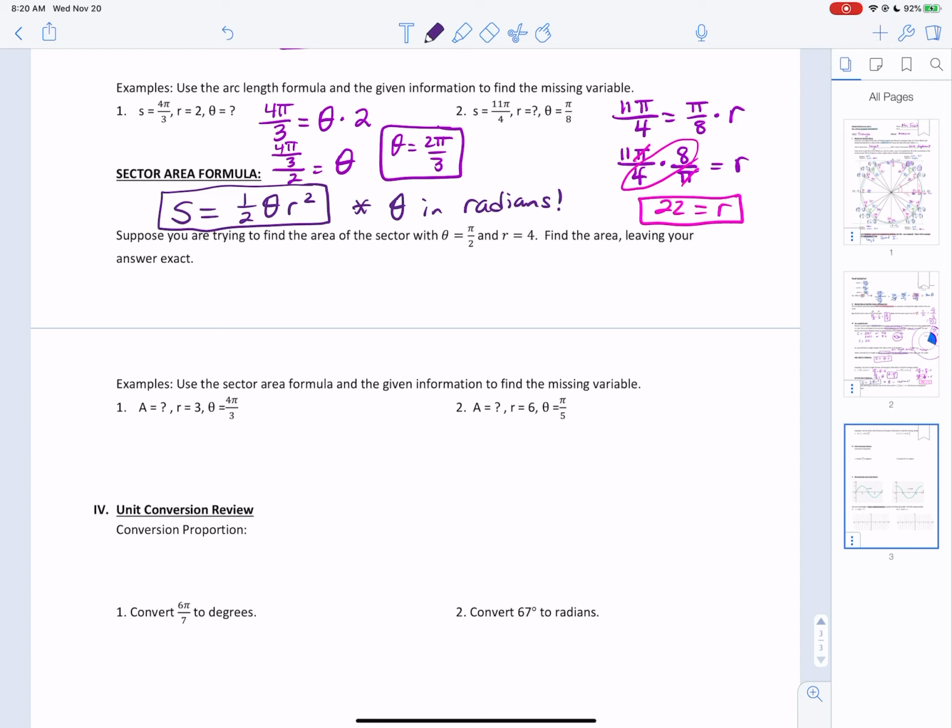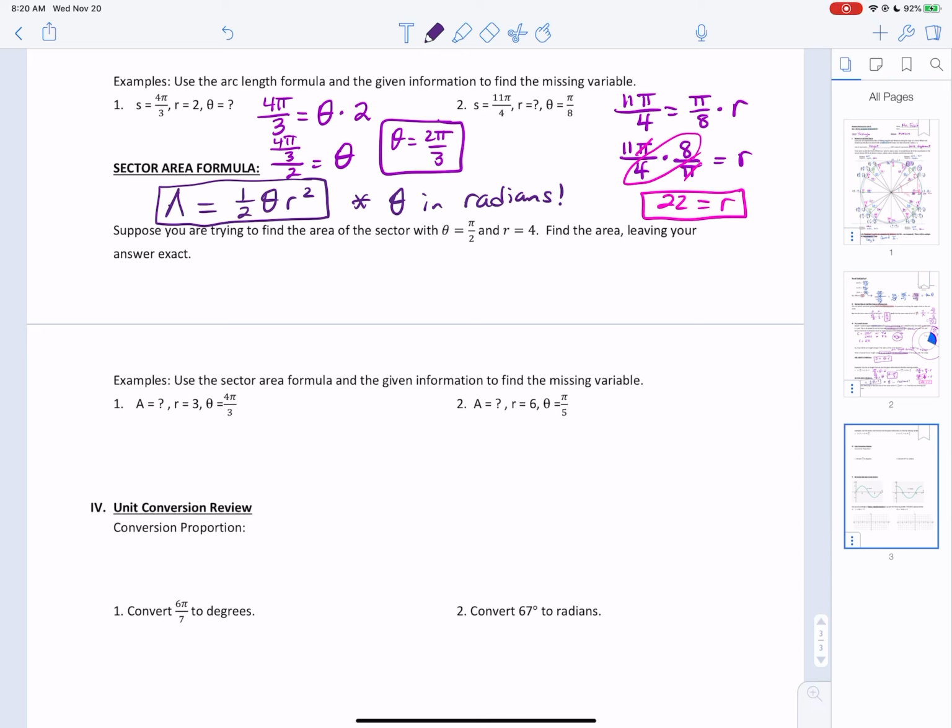All right, and let me change this. Don't do S, do area, A. Okay, so find the area. So we'll say area equals 1/2 times pi over 2, and then 4 squared.